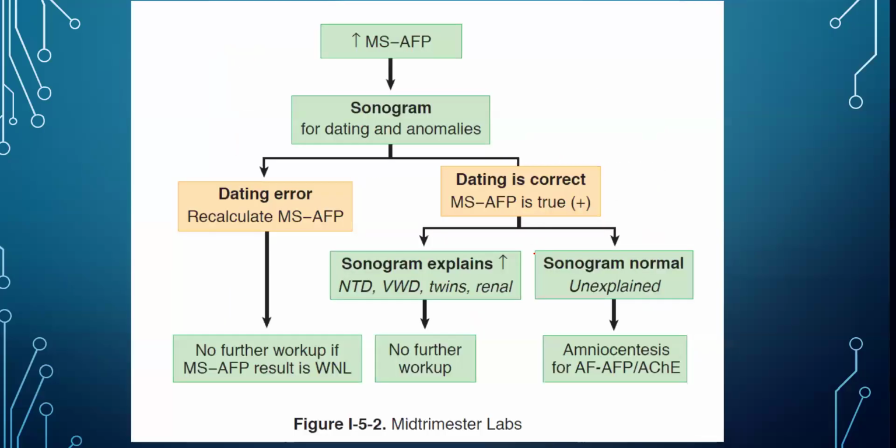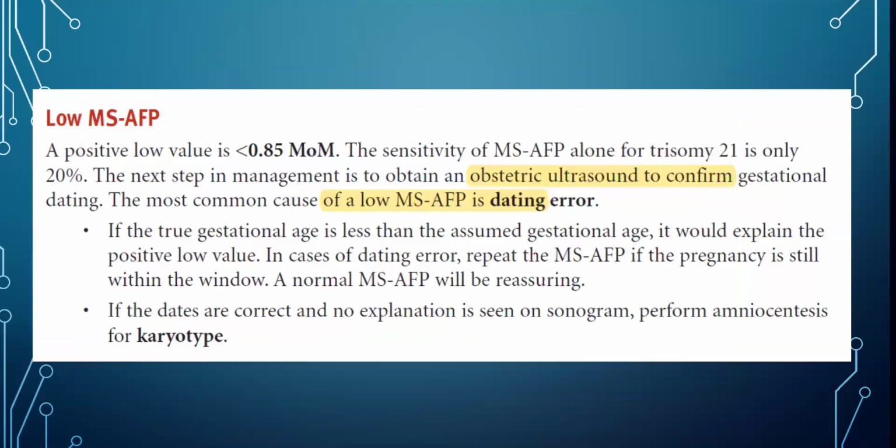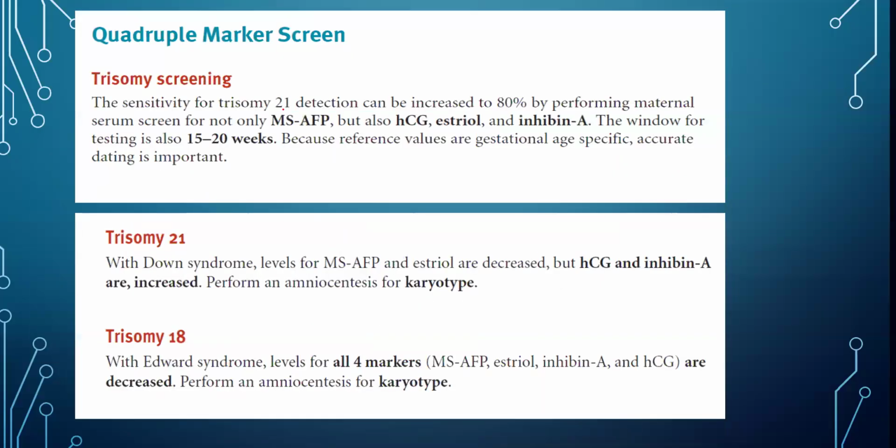So what are those 3 hormone tests that we are talking about? The 3 hormone tests that we do are maternal serum AFP, HCG, and estriol. Previously, we used to do inhibin A. Nowadays, it's not needed.